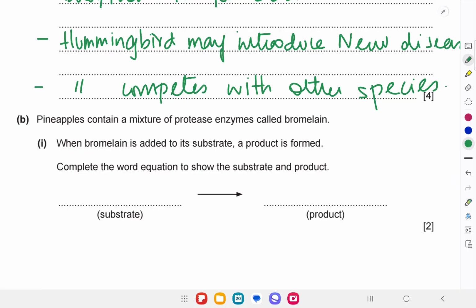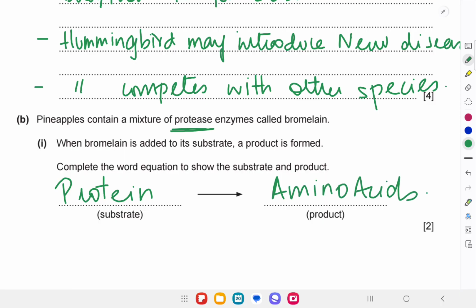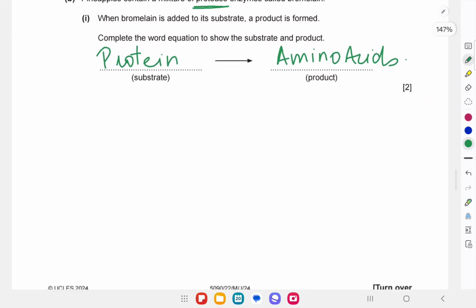So a mixture of protease enzymes, so it's breaking down proteins. Protein is broken down into amino acids. Protein is the polymer and amino acids are the monomers.